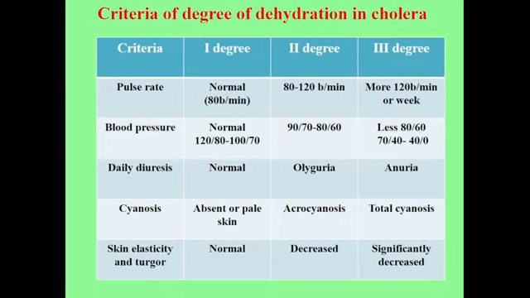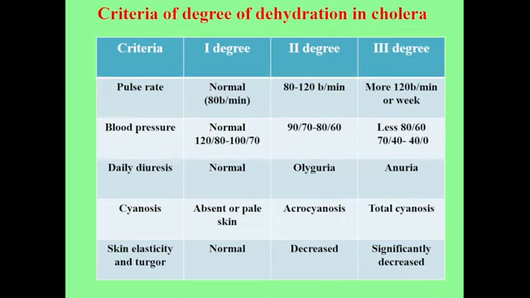Second degree decreased, less than 90 to 70. In third degree, less than 80 to 60, or maybe even less, so it may be 70 to 40 or even 40 to 0. It depends on whether it is 9% to 10% or even more. Daily diuresis, normal in first degree. In second degree, oliguria, adds.